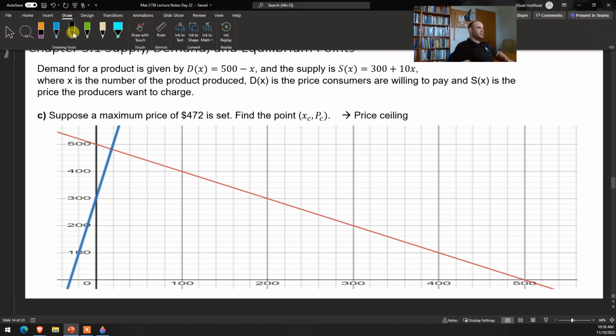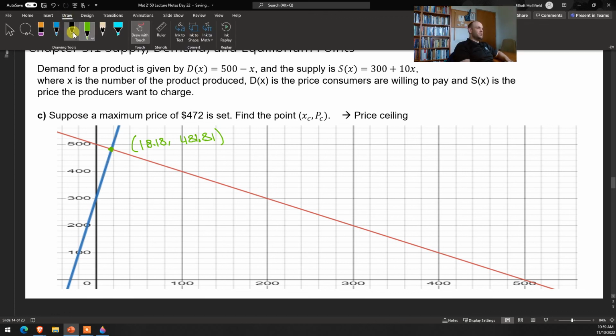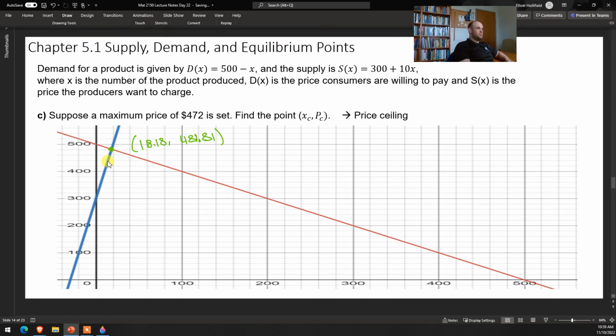Here we have our equilibrium point, which was 18.18, 481.81. And now we have this new price maximum set to protect the consumers, which means the price can be set no larger than 472, which is going to lie somewhere down here on this curve. Let's say right about here.